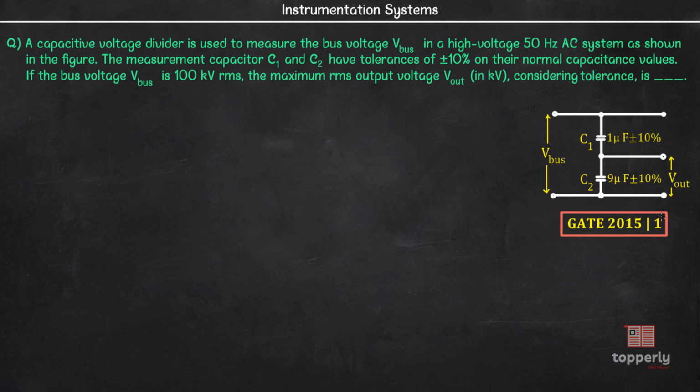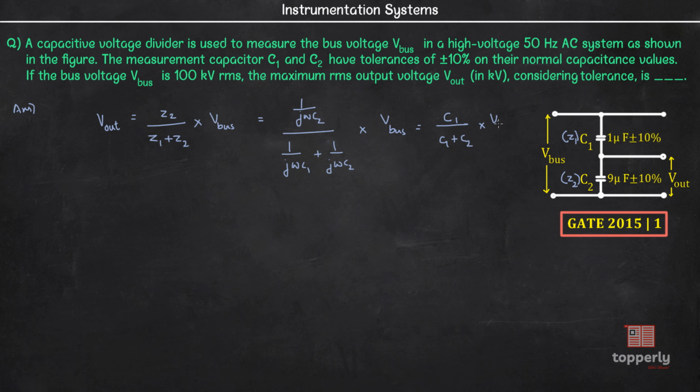Okay, if Z1 is the impedance due to C1 and Z2 is the impedance due to C2, then V out is given by V out is equal to Z2 by Z1 plus Z2 into V bus, which is 1 by j omega C2 by 1 by j omega C1 plus 1 by j omega C2 into V bus, which is C1 by C1 plus C2 into V bus.